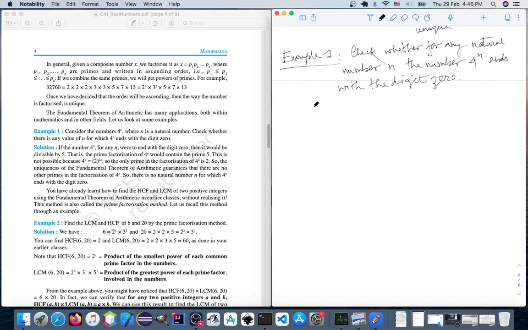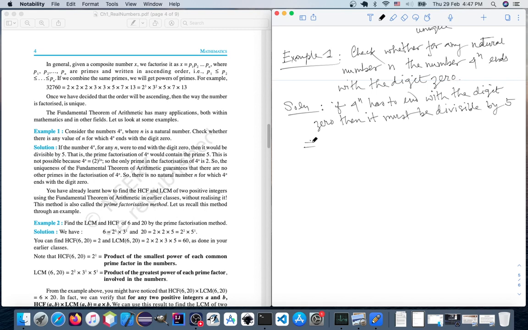Okay, so how does it solve? I'm writing the solution in a very short form. If 4 to the power n has to end with the digit 0, then it must be divisible by 5.